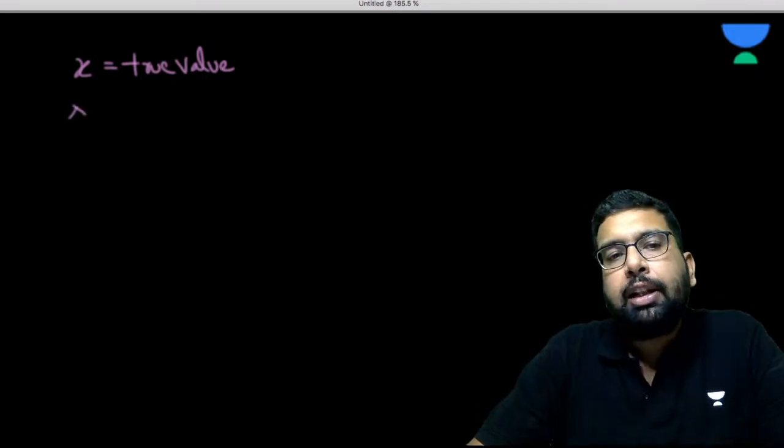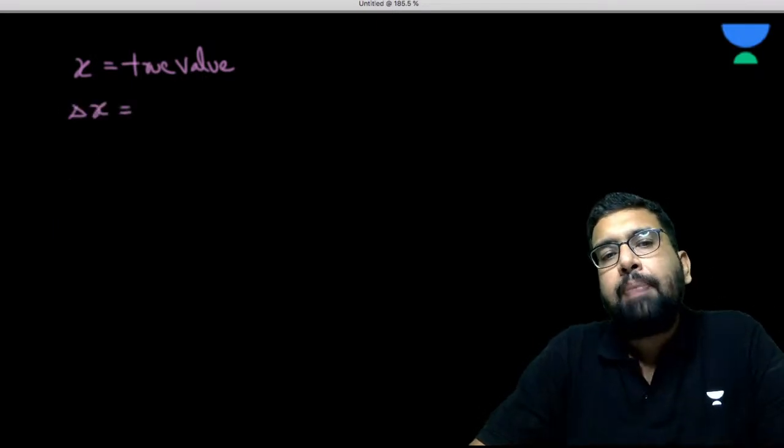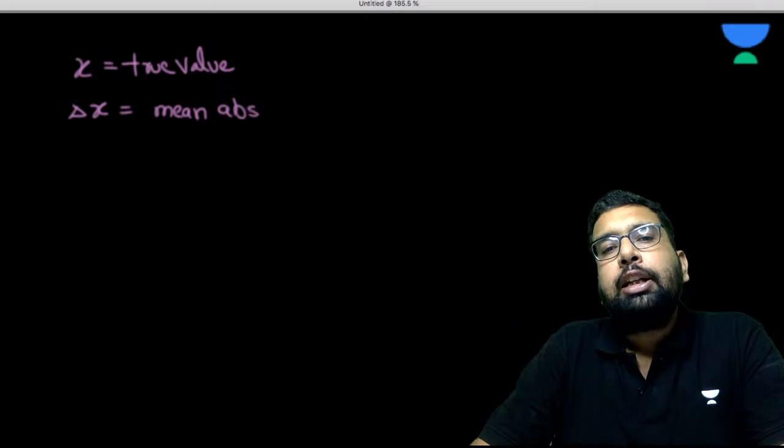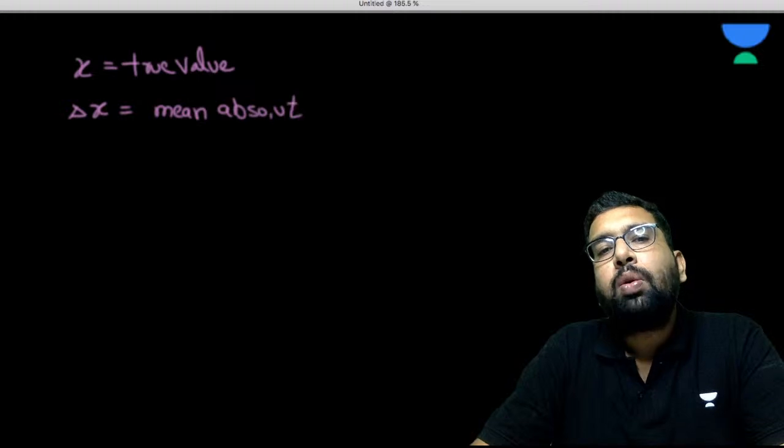Now delta x is the mean absolute error, that is, the error this mean value or true value is carrying.